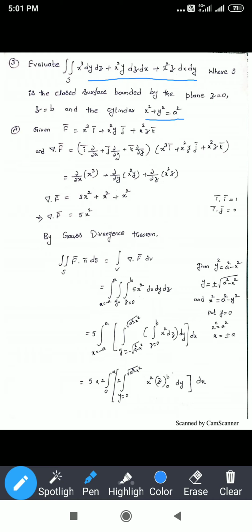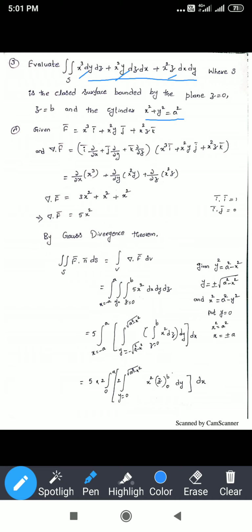See, they are given f bar in the question. When you pick the scalars, the first scalar is x cube, the second scalar is x square y, and the third scalar is x square z.